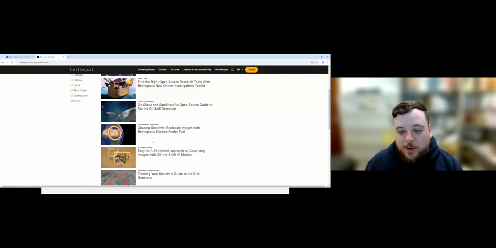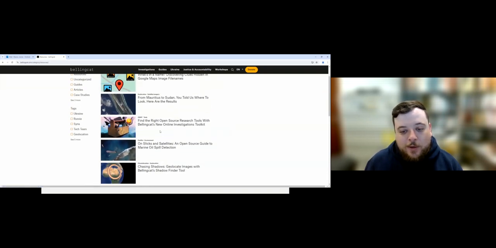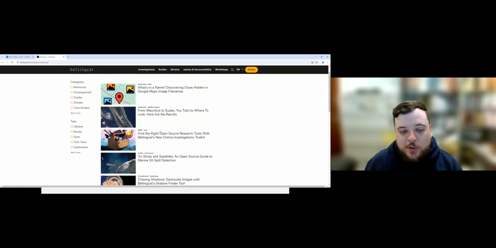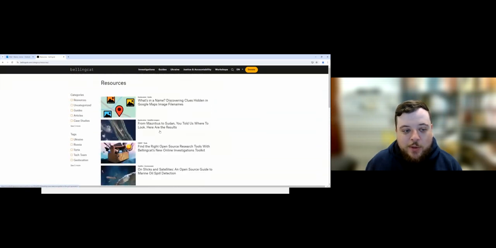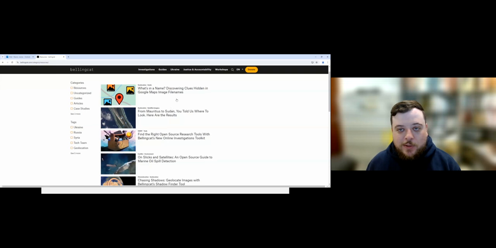Again, they talk about AI, the Shadow Finder tool, using all these different tools. They have pretty much everything you could possibly think of when it comes to OSINT. And they are the original experts on this topic too. So if you want to go really in depth, this is definitely a good place to start.